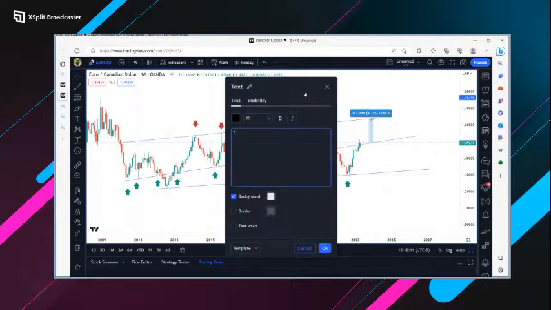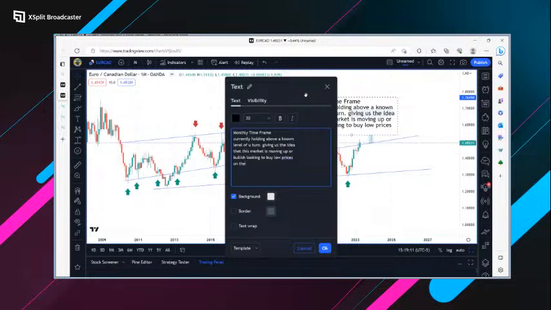So we're going to say: monthly time frame currently holding above a known level of U-turn, giving us the idea that this market is moving up or bullish, looking to buy low prices on the daily.